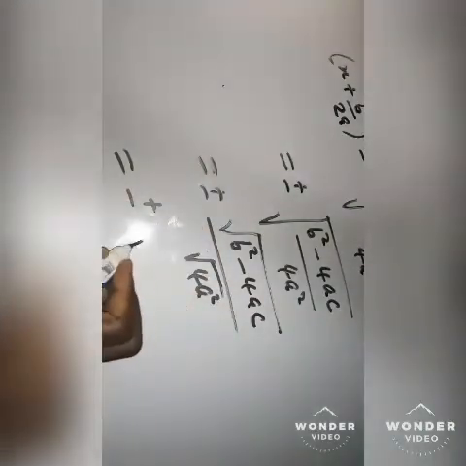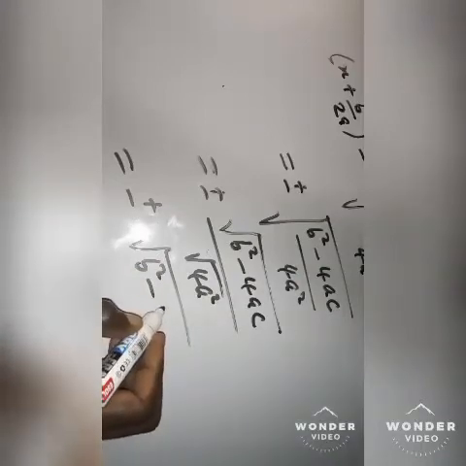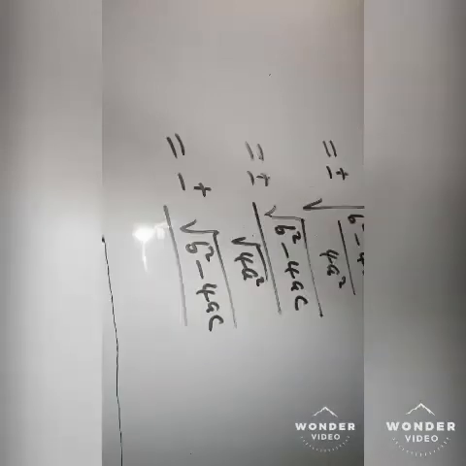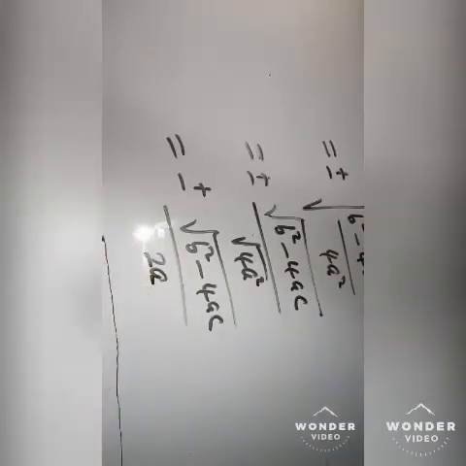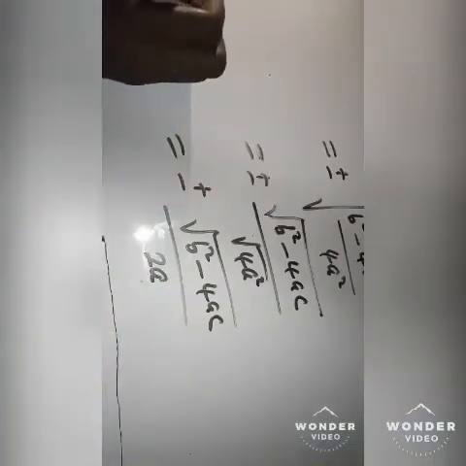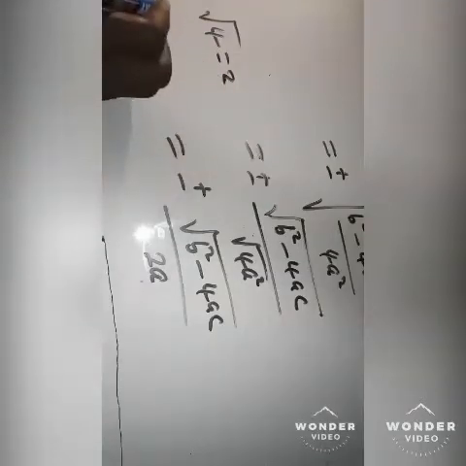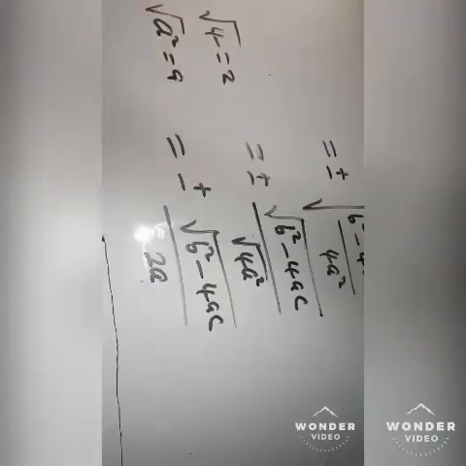So here you get b squared minus 4ac, and the denominator you got 2a, because the square root of 4 is 2. The square root of a squared is a. Therefore, the square root of 4a squared, you got 2a.